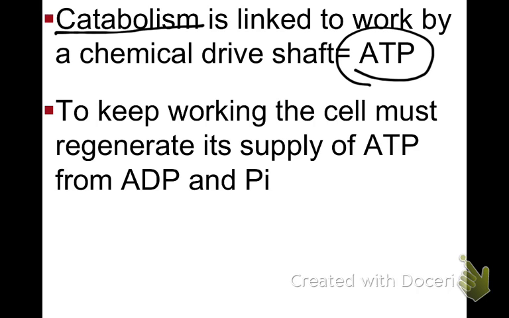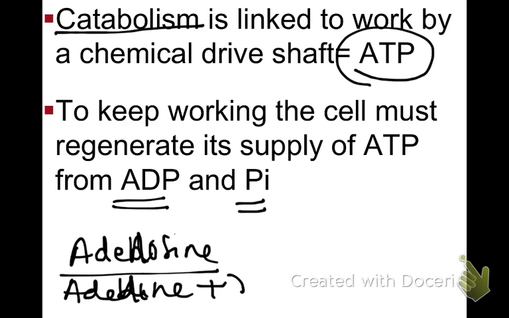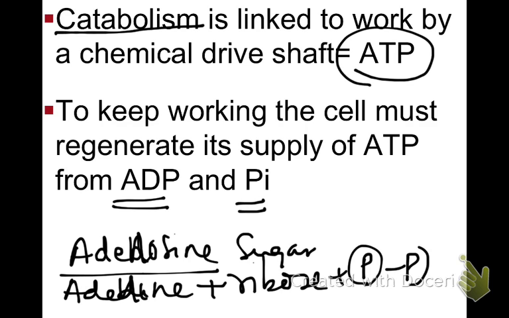So if I'm breaking down a high energy molecule, I get ATP. Now I cannot keep on getting ATP just out of thin air. How do I get my ATP? I need to have ADP and Pi. Let's look at what this ATP is. This is adenosine, which means adenine plus ribose sugar, plus 3 phosphate groups.